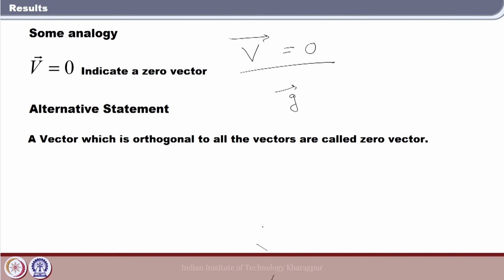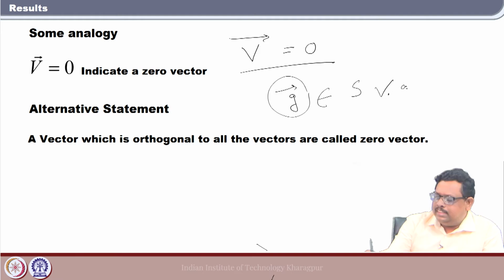Then for all G belonging to this vector space, let us say S, this dot product V dot G should be equal to 0. It means that this vector V is orthogonal to any vector in the vector space. Then I can call V a 0 vector.